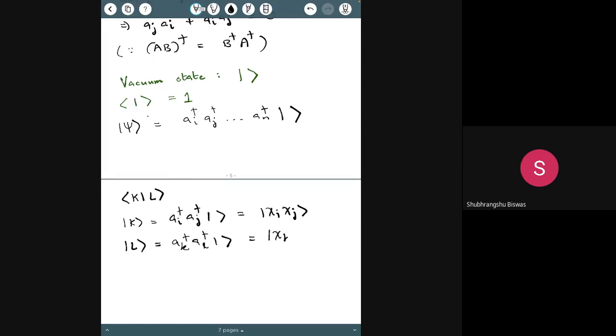Then this is chi_k chi_l. Okay. Now the K L overlap is then the vacuum state, and this is an adjoint, so you will have a_j a_i and a_k dagger a_l dagger.